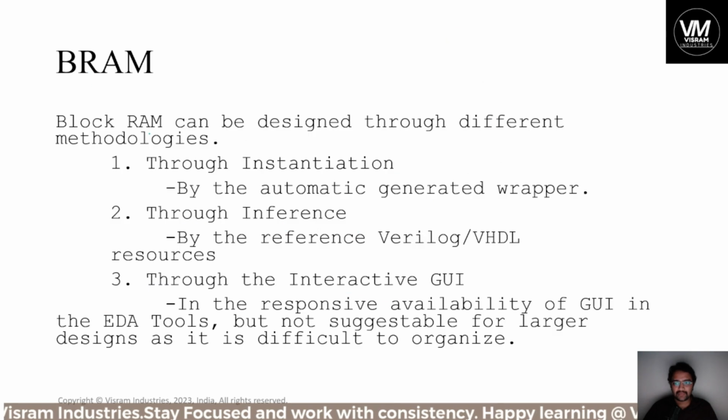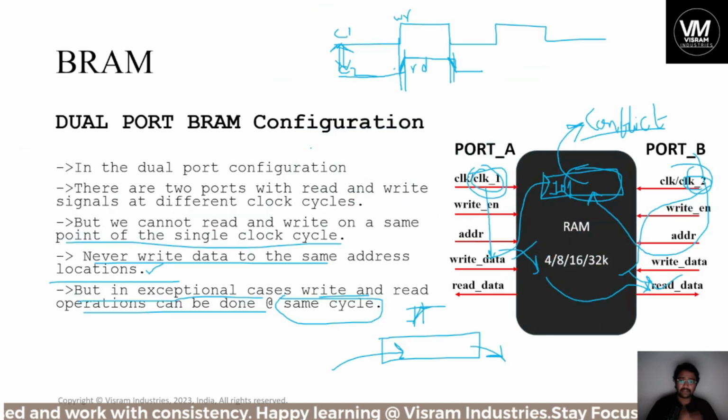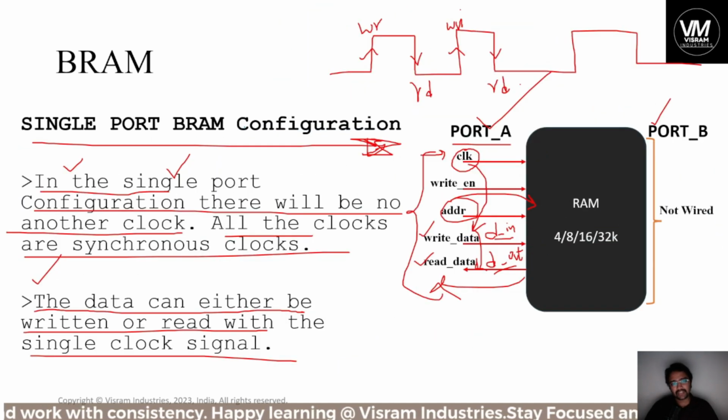Come to the other set of instructions or important points of the block RAM. Block RAM can be designed through different methodologies. What are the different methodologies? Till now we have seen the configurations. What are the different types of BRAMs we can make?